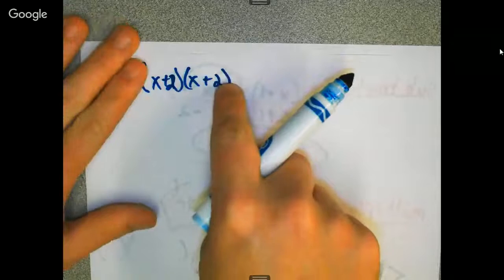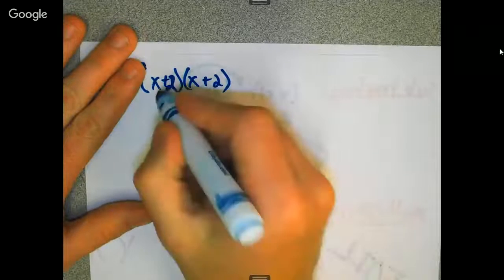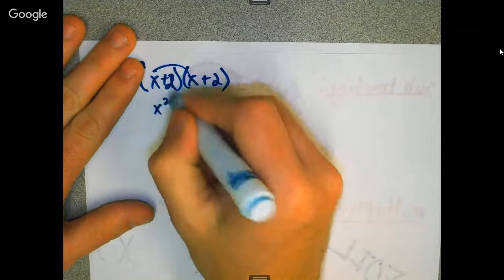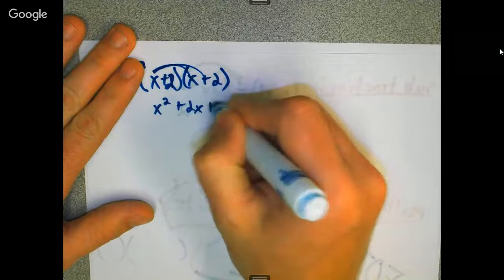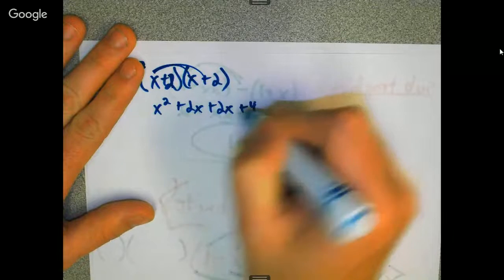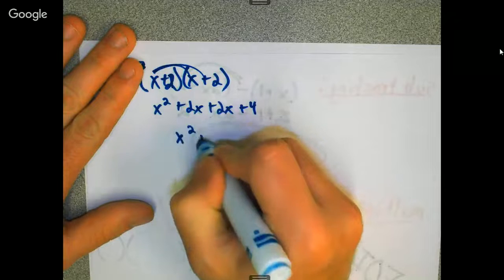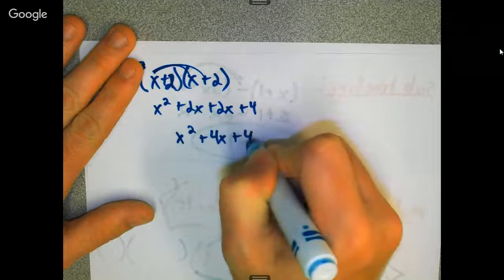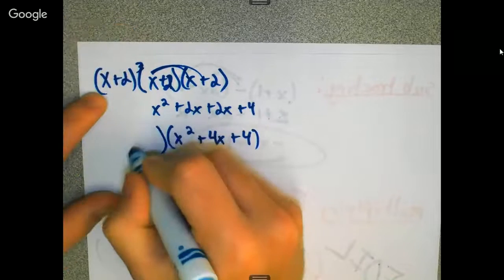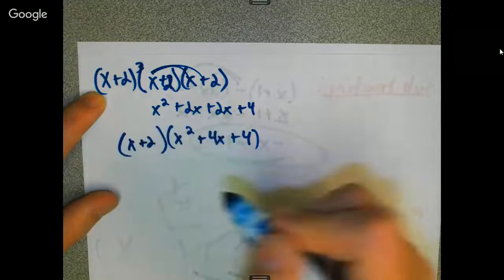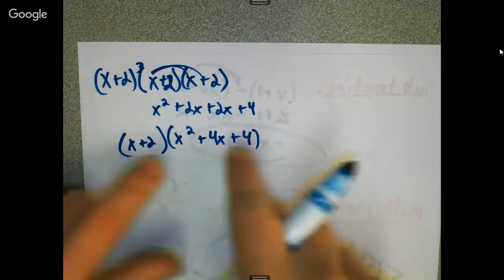Just take 2 of them and FOIL them out. So you got x squared plus 2x plus 2x plus 4, which is x squared plus 4x plus 4. Now, you still have this one back here. So now we're going to take this times this one.